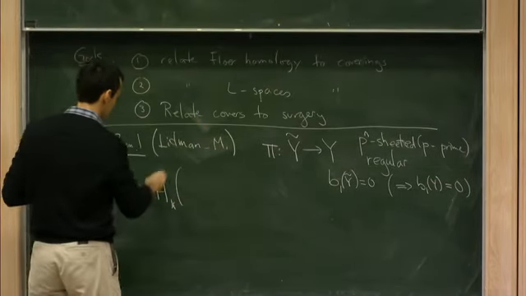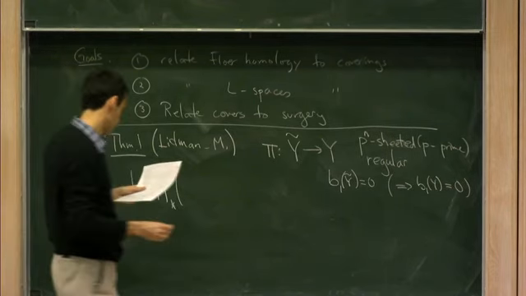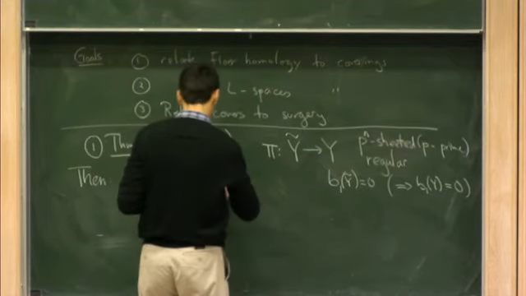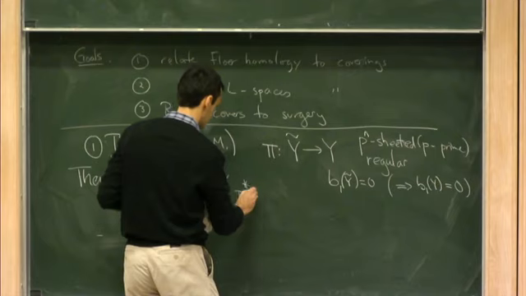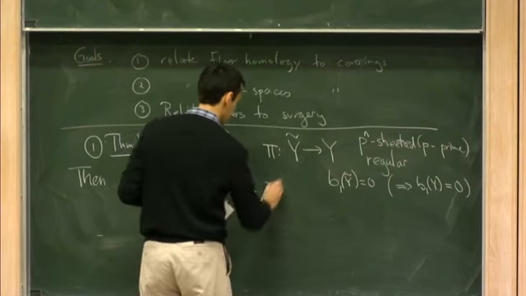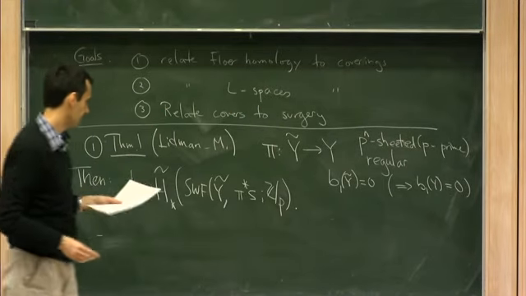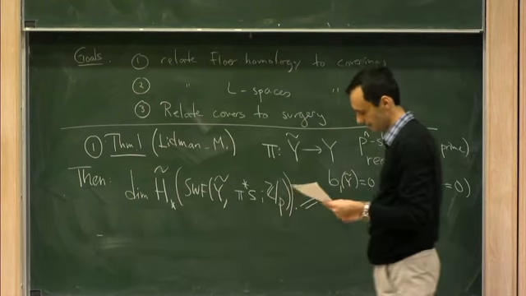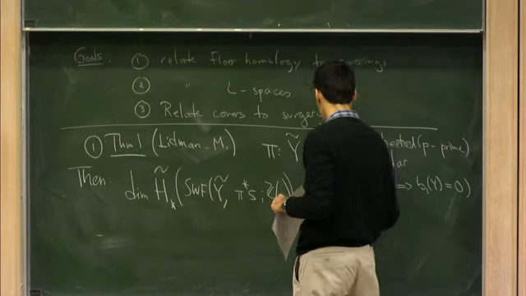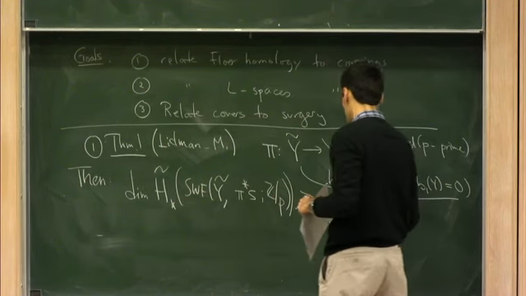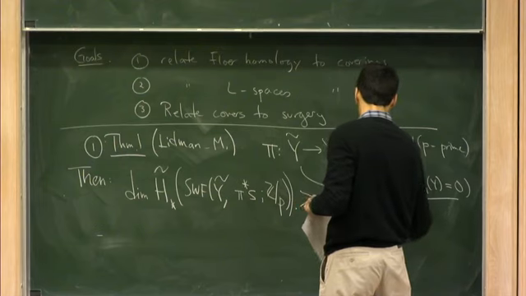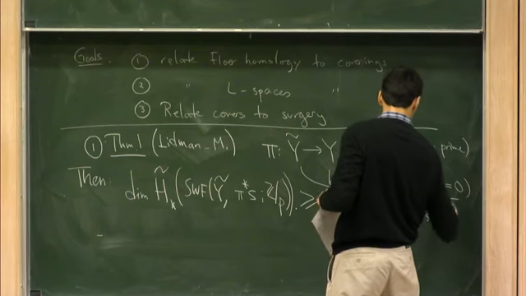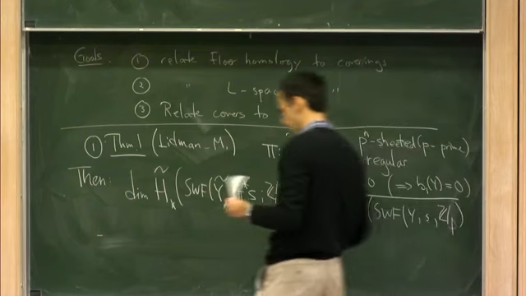So the homology of the Seiberg-Witten Floer space of the cover, with Z mod p coefficients, in some spin C structure pulled back from the base, is greater or equal than the dimension of the homology of SWF of Y in the spin C structure s, again with Z mod p coefficients.